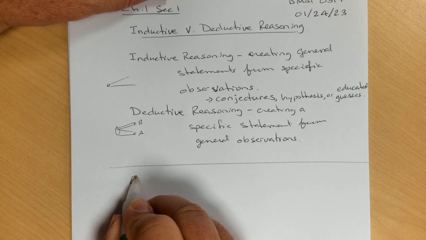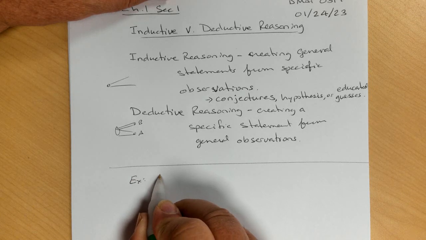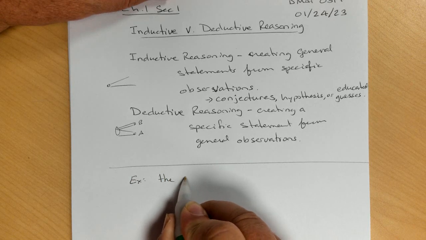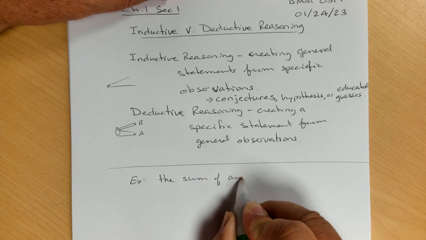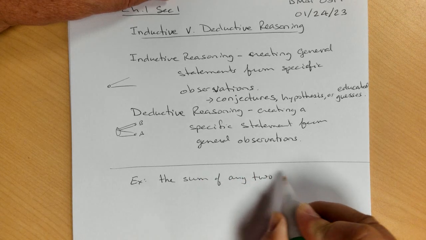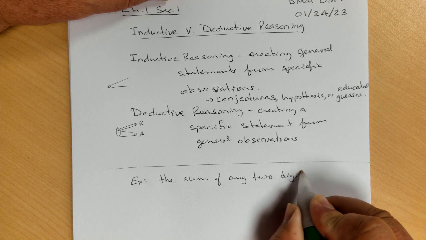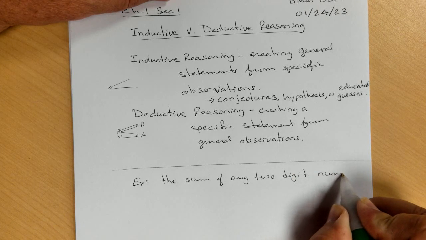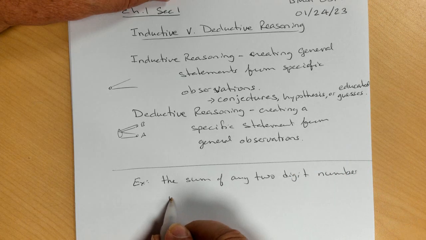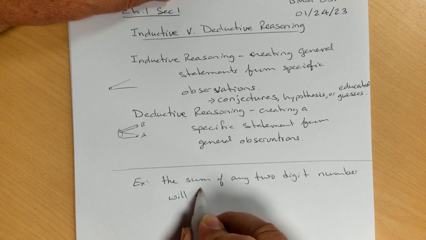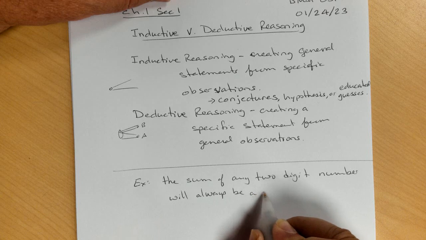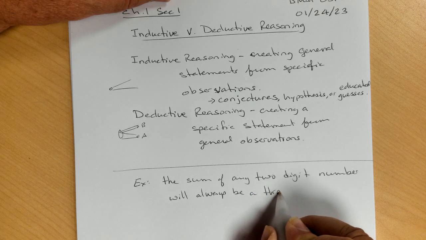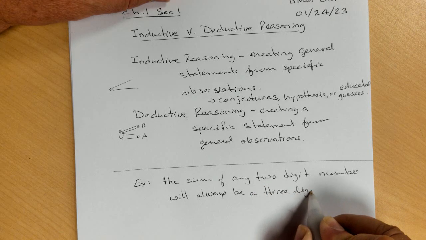Here's an example. The sum of any two-digit number will always be a 3-digit number.